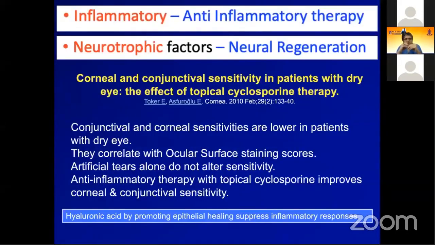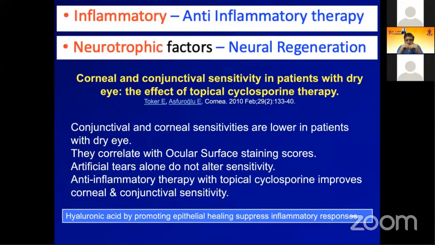Of course, whenever we look at dry eye management, in addition to the lubricating drops, we also look at anti-inflammatory and other therapies. Use of cyclosporin, for example, reduces the inflammation on the ocular surface, and long-term use of cyclosporin can also improve the neural regeneration on the ocular surface and cornea in patients with dry eye.